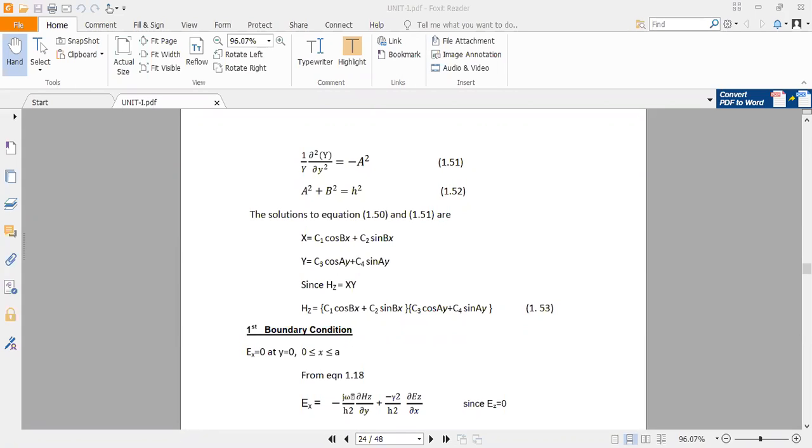Again, this dissipative attenuation is of two types. One is due to dielectric losses and another one is due to conductor losses. Why are these losses coming? Because the waveguide is made of hollow metallic material, which is nothing but a conductor.